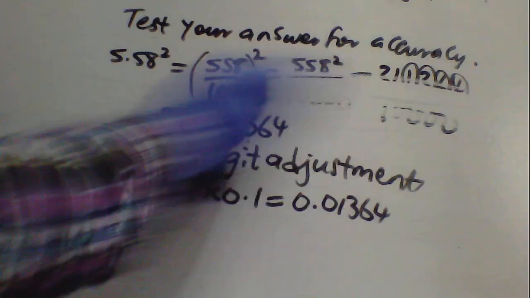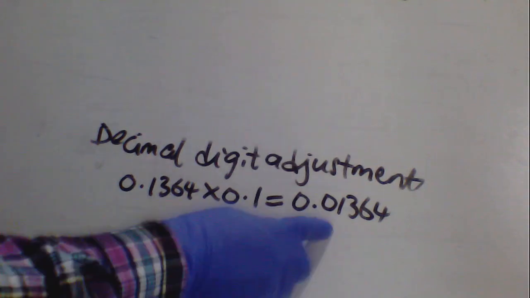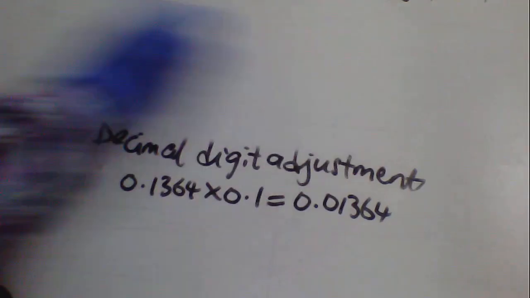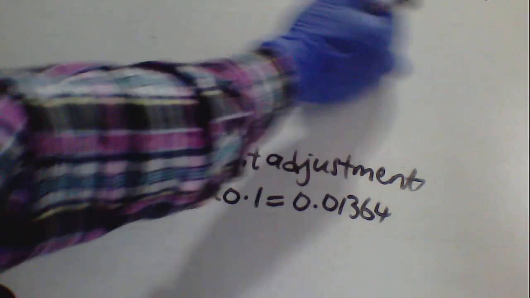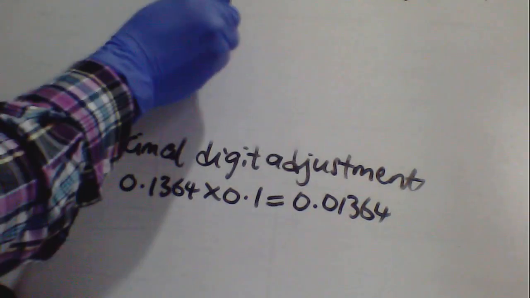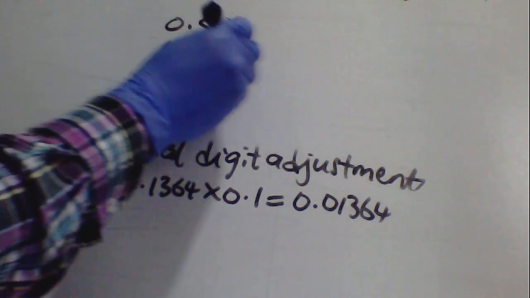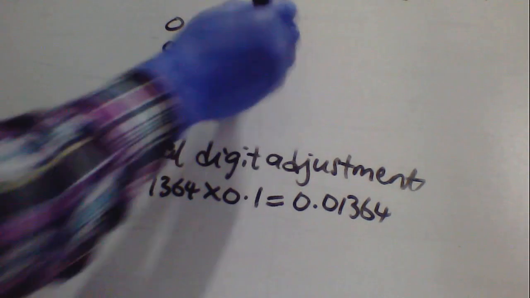Once you arrive at this answer, the next thing is to take this answer you got and subtract it from 0.58. So you are working with the decimal. You bring 0.58, bring your answer 0.01364, fill this with zeros and subtract.